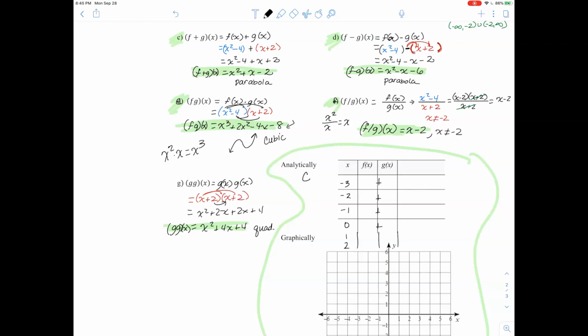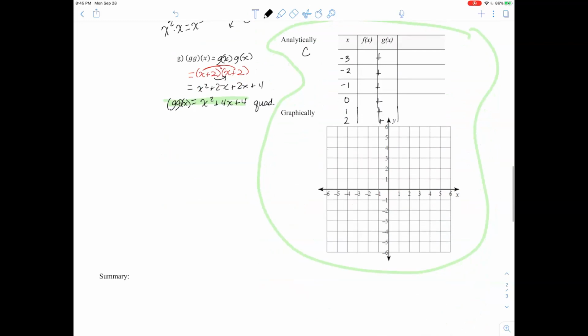I would say it would probably be pretty difficult to multiply them because it'll be a cubic function, and those are a little hard to imagine when you're graphing random points. The division would be pretty easy because that's just linear. So you could look at that analytically and graphically if you wanted to.